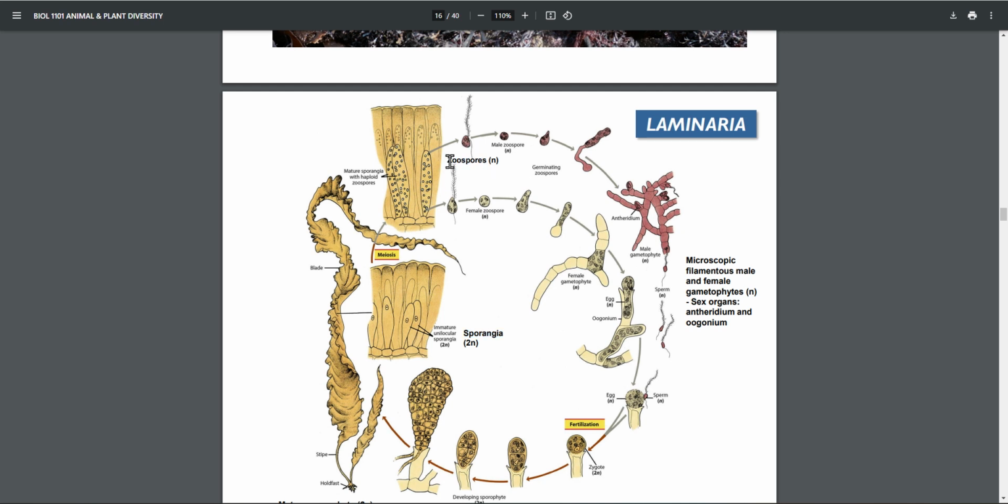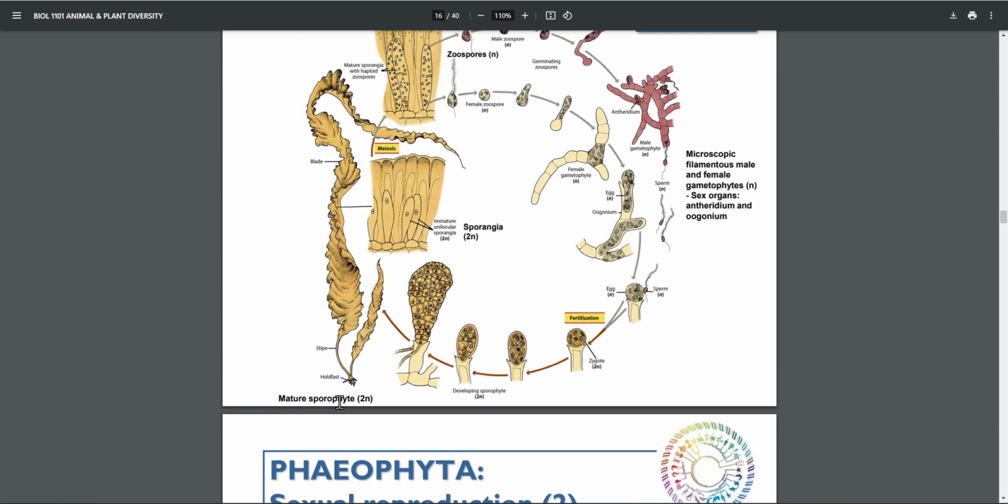Zoospores, zoo just means mobile, spore is spore. So the mobile spores would then germinate and grow into gametophytes, which are microscopic and filamentous, not like this giant blade structure. Again, heteromorphic. And then the sex organs are called antheridium and oogonium.